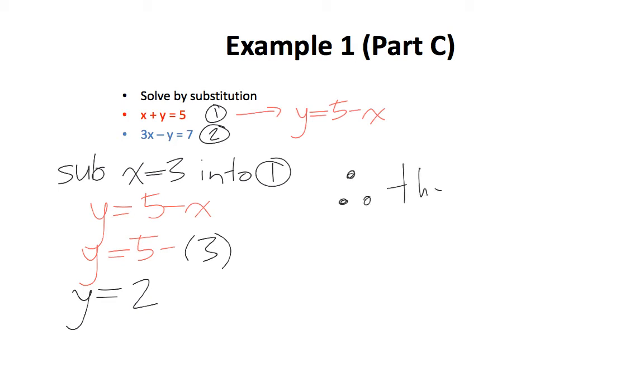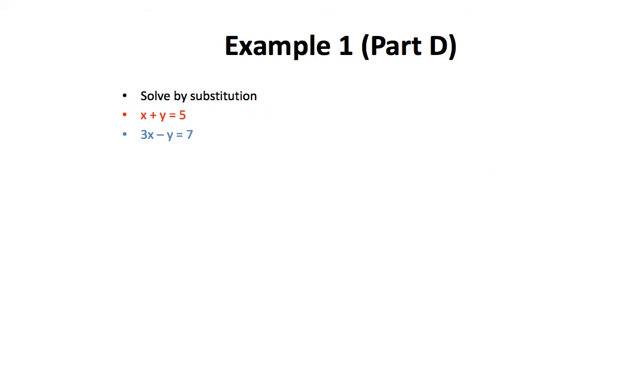Therefore, the solution or point of intersection is 3, 2. I need to check that this coordinate lies on both lines. Therefore, I'm going to substitute in this coordinate into both lines and do a left side equals right side check.